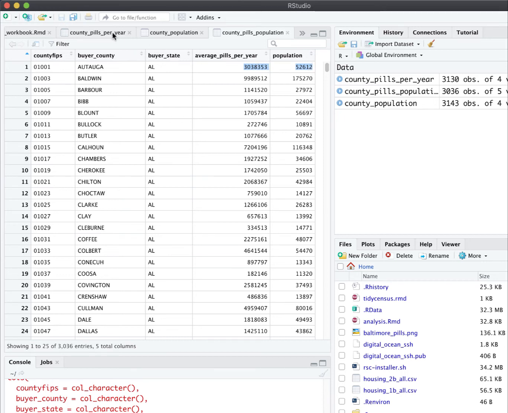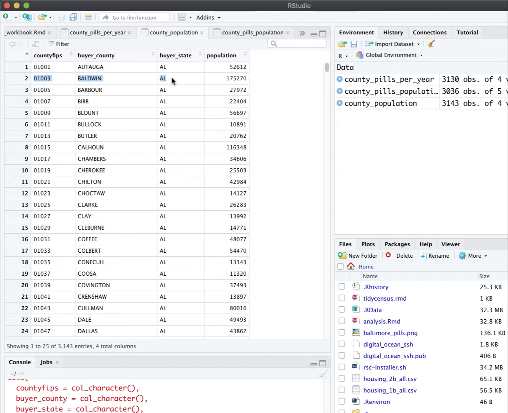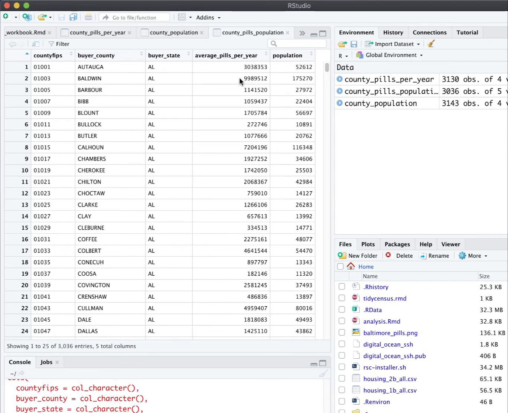So the join process goes through every single row and looks for matches in the other table. Every time it finds a match, as it did, say, with Baldwin, Alabama in this table, and Baldwin, Alabama in this table, it knows to put the value for that county for pills from the first table and the value from population in the second table together.